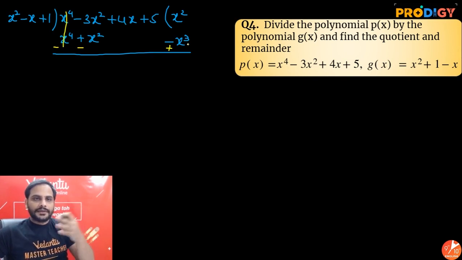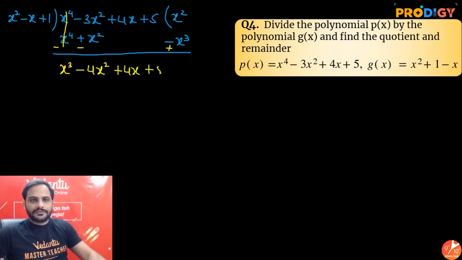Now see, I have told you to try to arrange that in the decreasing order. So plus x cube is the highest power. So write x cube over here. Minus 3x square minus x square is minus 4x square plus 4x plus 5. How to create x cube from x square? Multiply with x. So x cube, x into minus x is minus x square, x into 1 is plus x.